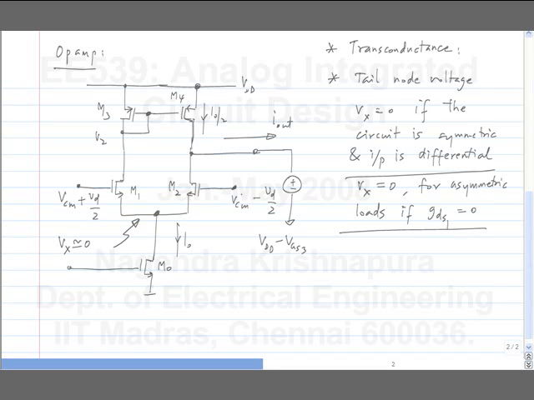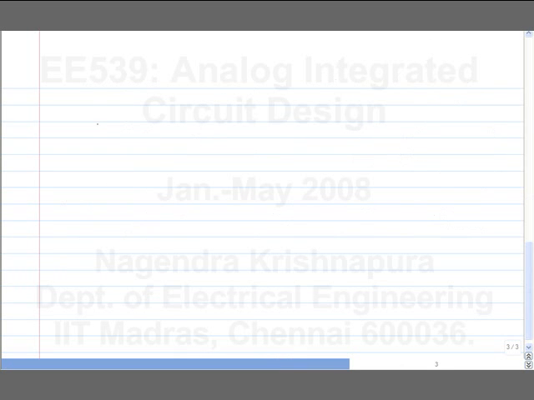So now, if you have GDS1 to be 0, the picture you have is this. So this is incrementally Vd by 2, minus Vd by 2, and this is some Vx.